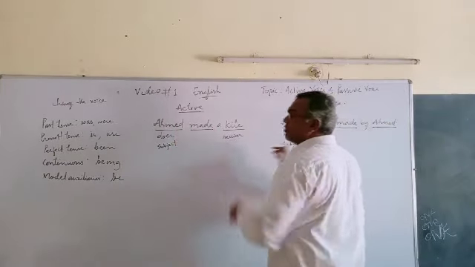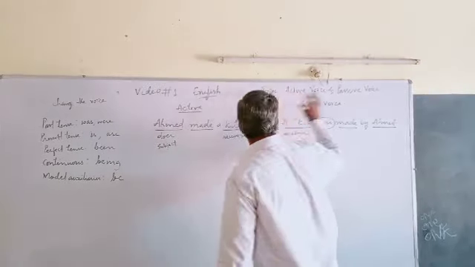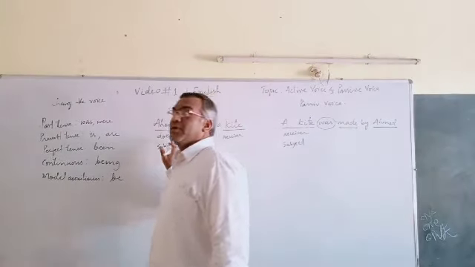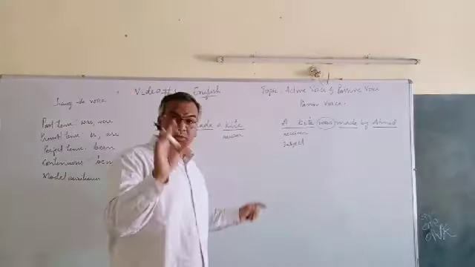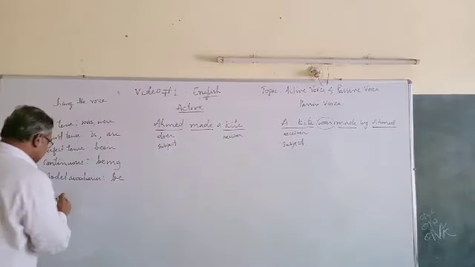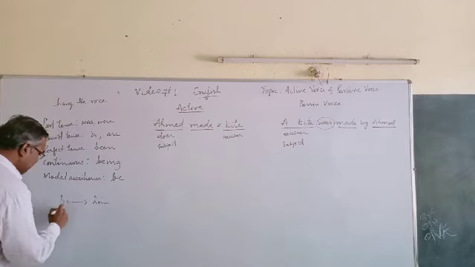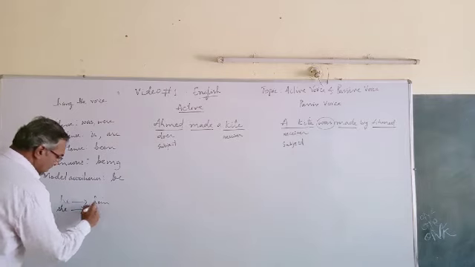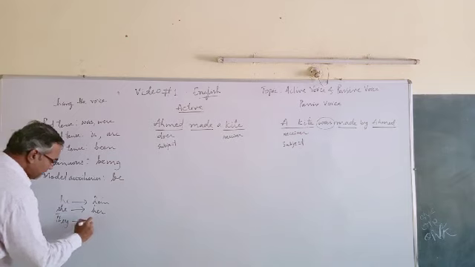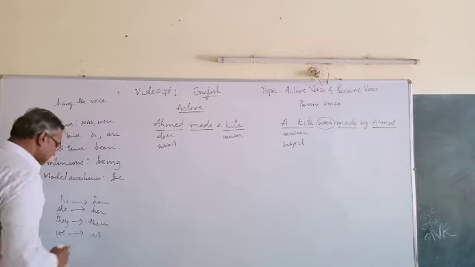If the doer of the action is a noun, a proper noun, then it is kept as it is. But if it is a pronoun, then it changes. For example, he becomes him, she becomes her, they become them, we becomes us.